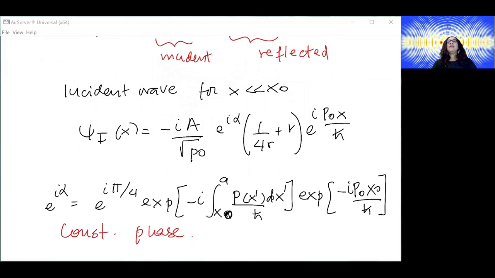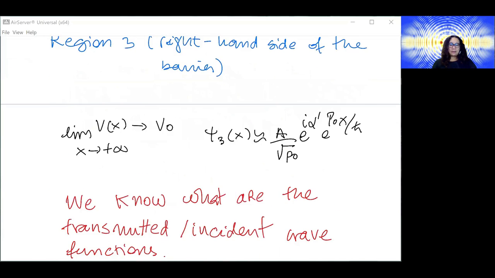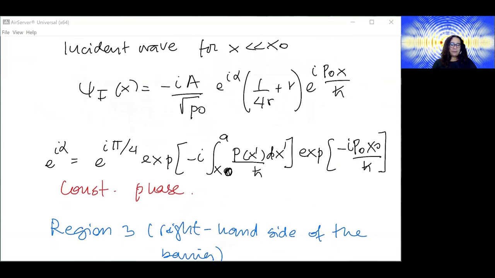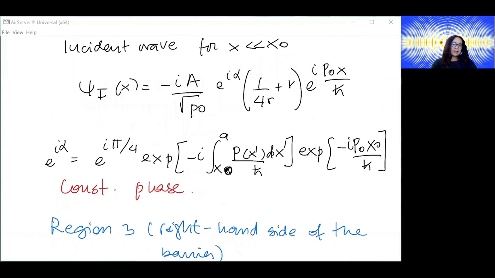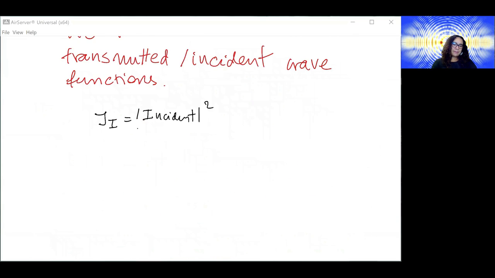and multiply it by p, which is going to be p naught. So if you remember, you had the incident coefficient square divided by m, and here you had p, which is going to be p naught in our case.